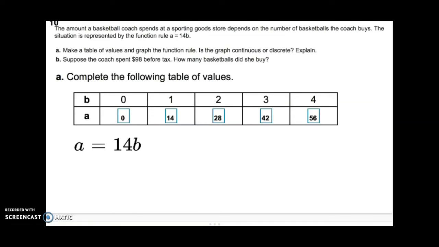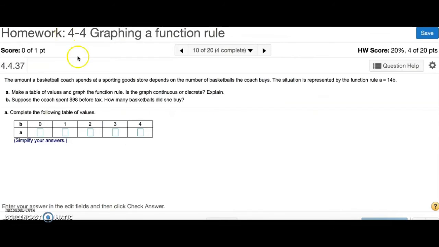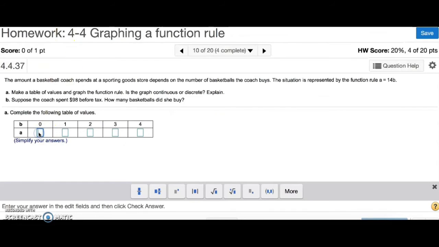So let's type that in and look for our graph. So typing it in, I have 0 here, then I have 14, then 28, then 42, then 56.